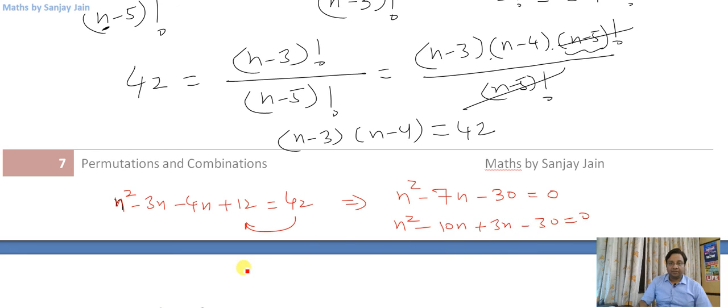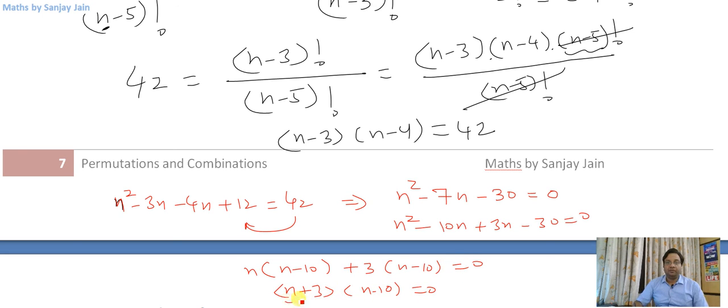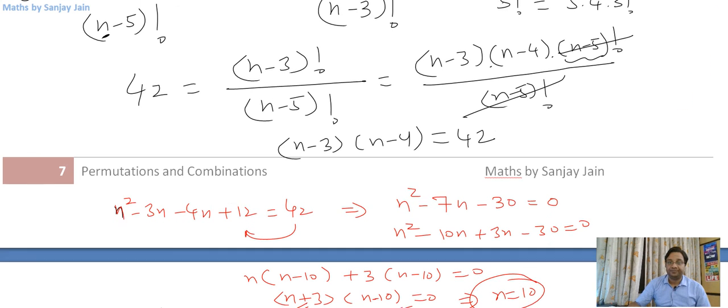What will be the factors? n common: n minus 10, plus 3 common: n minus 10, equal to 0, right? So if I separate them, (n plus 3)(n minus 10) will be equal to 0, and n equal to minus 3 will not be acceptable, so n has to be equal to 10. That implies n will be equal to 10, because n equal to negative 3 will not be acceptable.